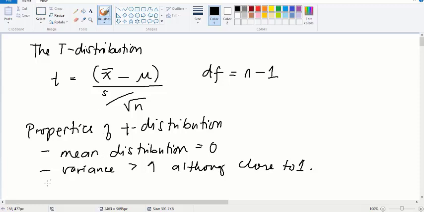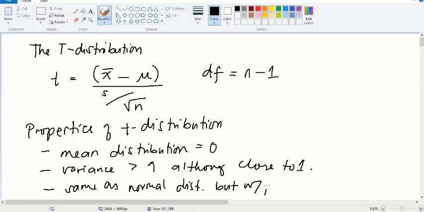And then, the same with normal distribution. It is almost the same, no? Same as normal distribution, but with infinite degrees of freedom. Nagbabago siya because of the degrees of freedom. Because, syempre, kung more than 30 na ang sample, then we are going to use the normal distribution, right? The z-score.